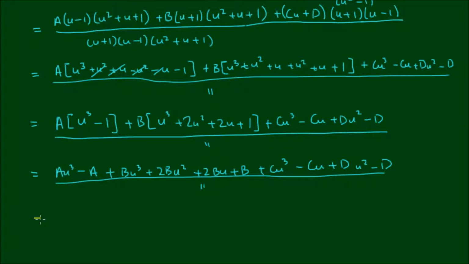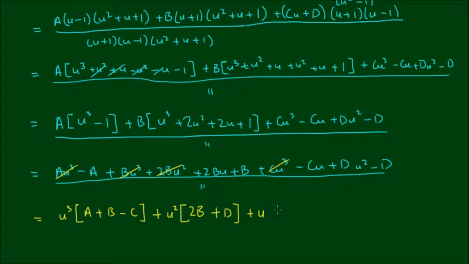Okay, now if I factor out a u cubed, I'll get u cubed outside of a plus b minus c. So these are the u cubed terms eliminated. If I factor out a u squared term, I'll get u squared outside of 2b plus d.